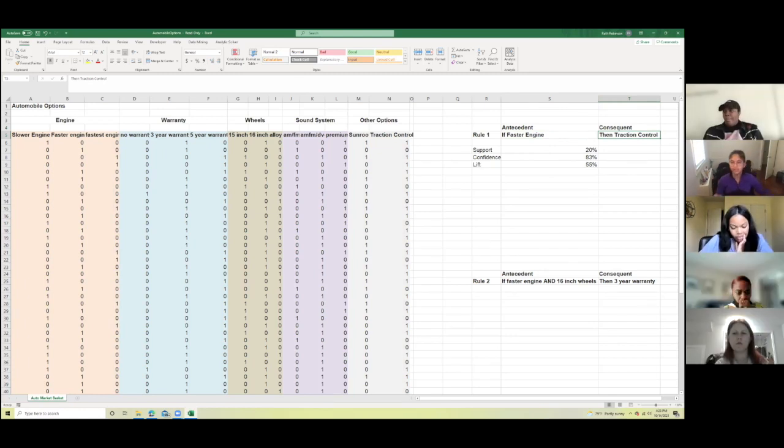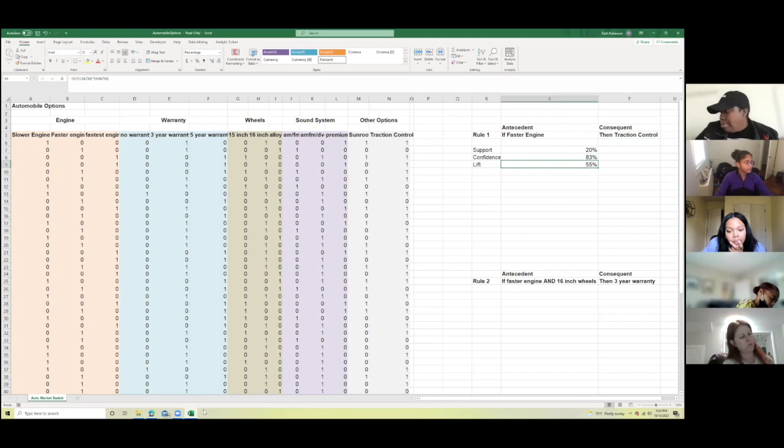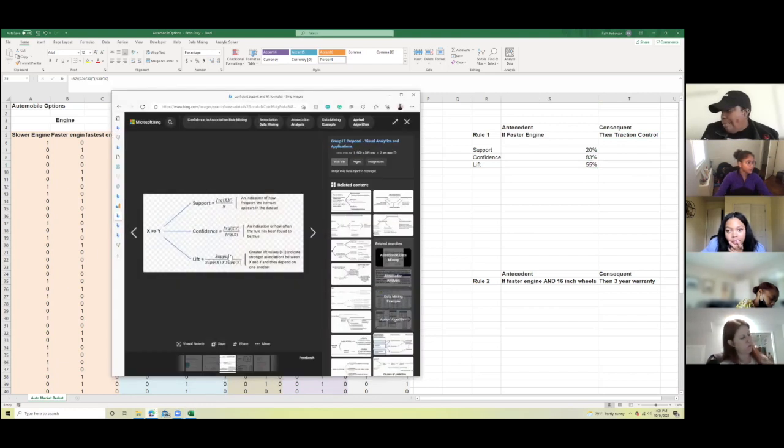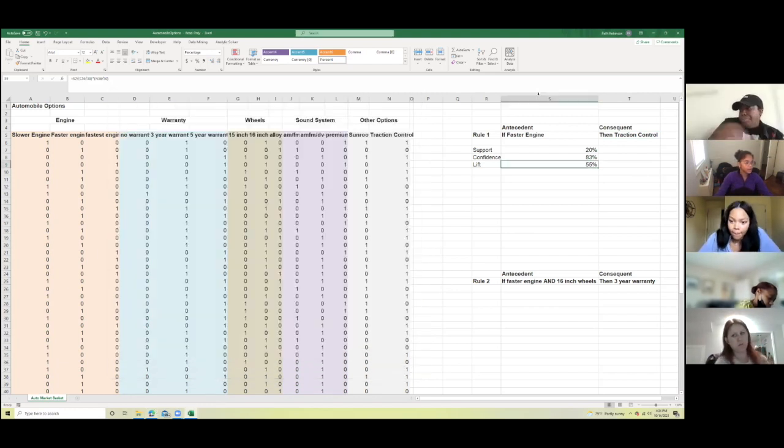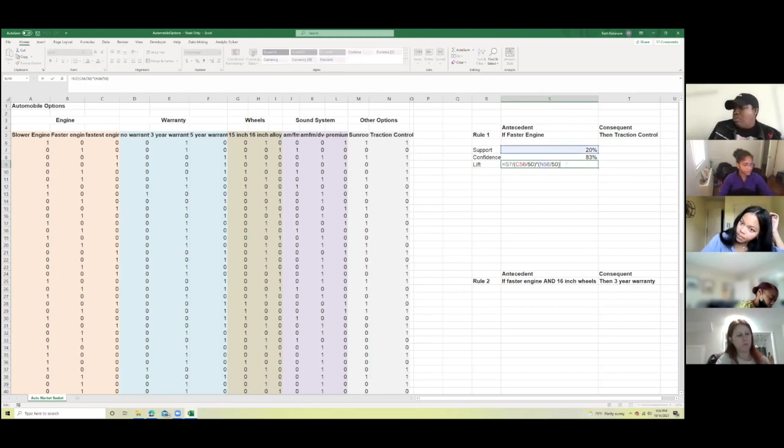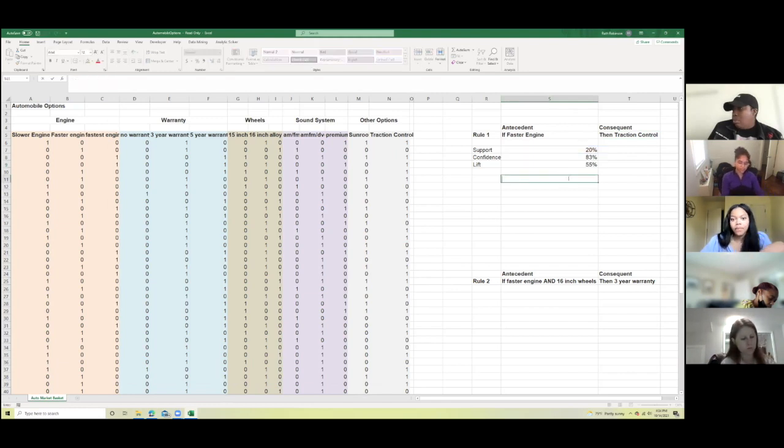So if you guys want to look at what I'm looking at, I'm on page 371 of the textbook, but it looks like what I was doing before was support over expected support, which it looks like there might be two different types of lift. This one in your textbook is asking for confidence over expected confidence.